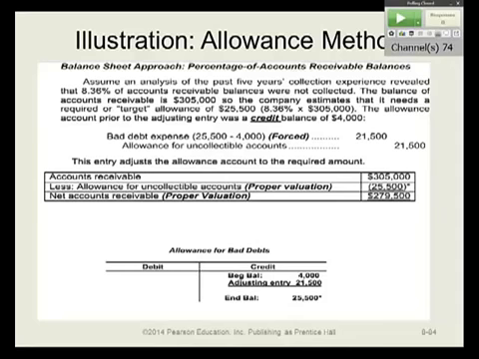So the balance now is 500. So when you write it off, you debit the allowance and you credit the accounts receivable. Now, at this point, the net realizable value is accounts receivable of 280 minus the allowance of 5. Okay, so it's 279.5.